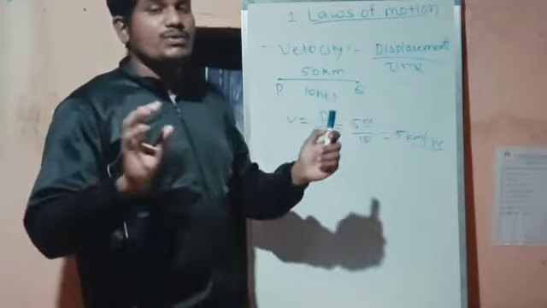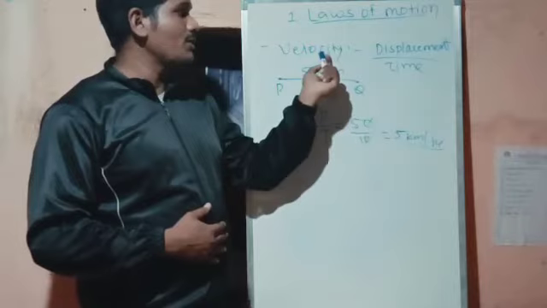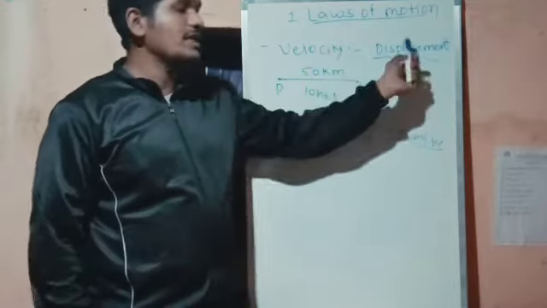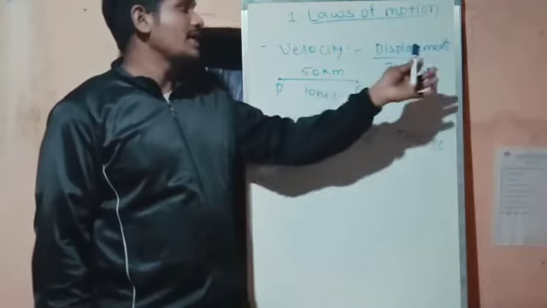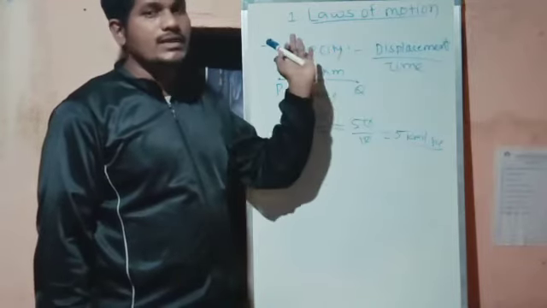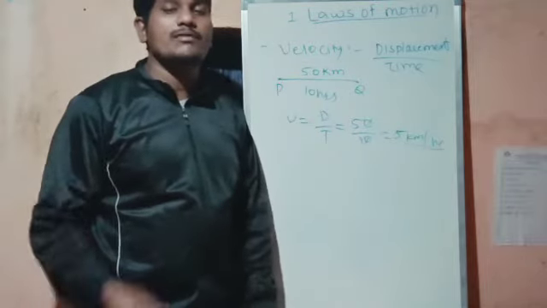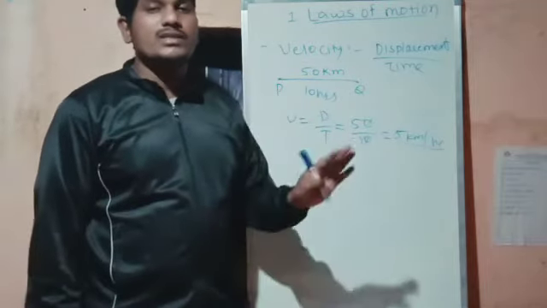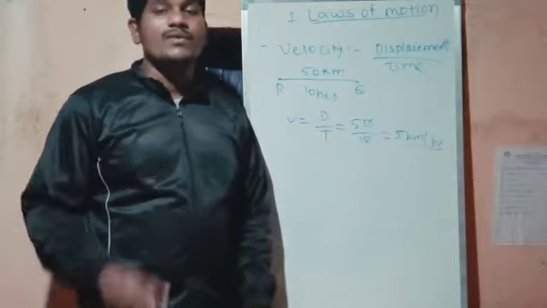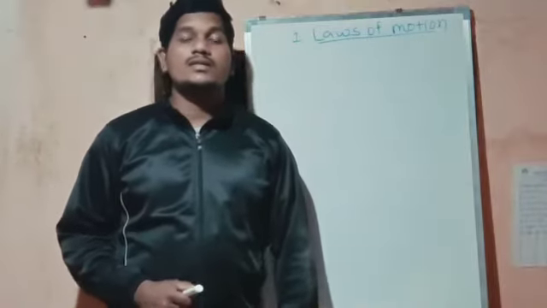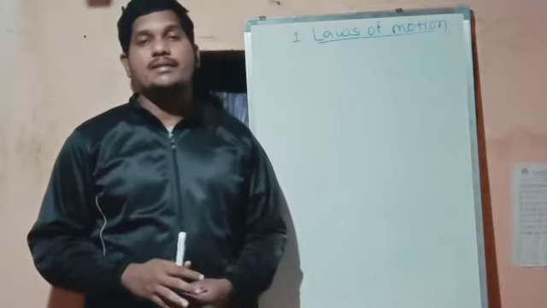Suppose they have given the time and velocity, you can calculate the displacement very easily. And if they have given the displacement and time, then the unknown term is velocity, and from this formula you can calculate the velocity very easily. These are the basic two formulas of speed and velocity. So students, these are the formulas we have seen for speed and velocity.